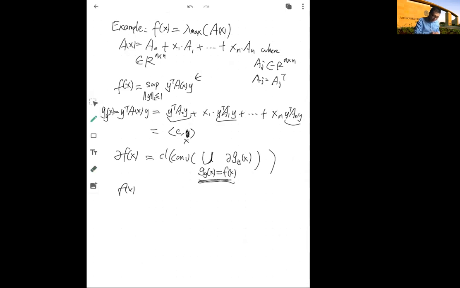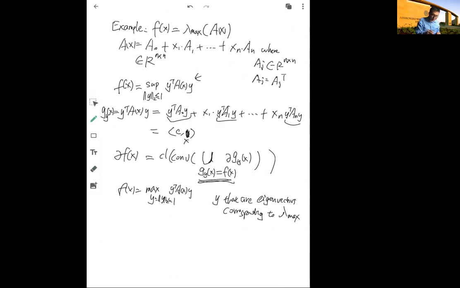Since f(x) is the maximum over all y satisfying that y's norm is smaller than 1, the corresponding set of argmax, the arguments that achieve this, are those y's that are eigenvectors corresponding to lambda max.